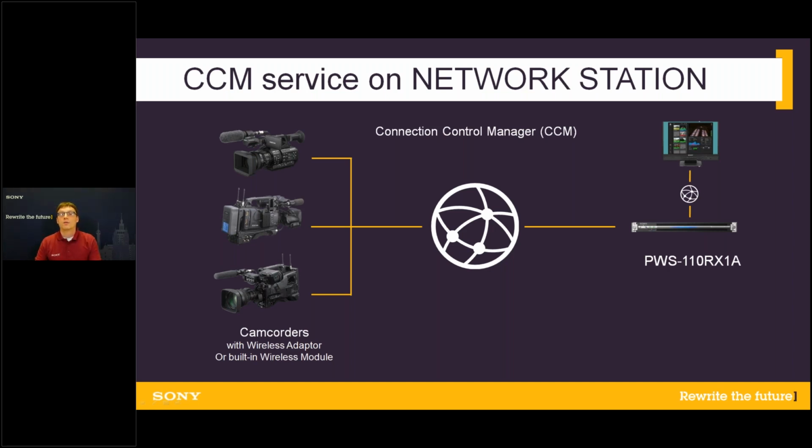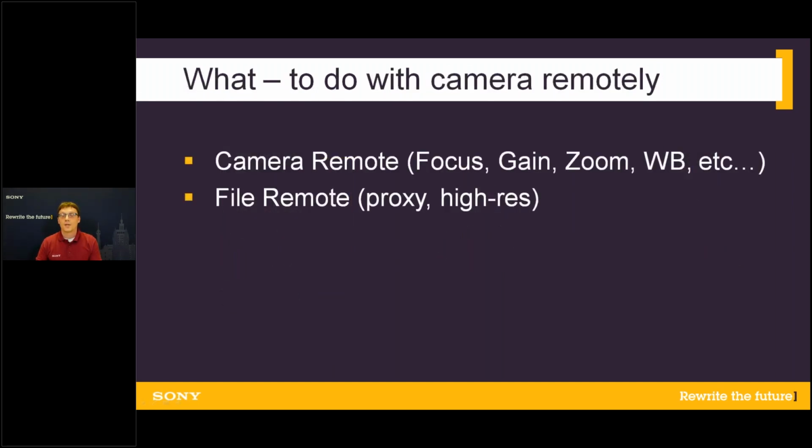How we will do it, I will show you in the live presentation, where I will focus on the camera remote and the file remote. So now I will switch off my camera and I will go directly to the GUI.